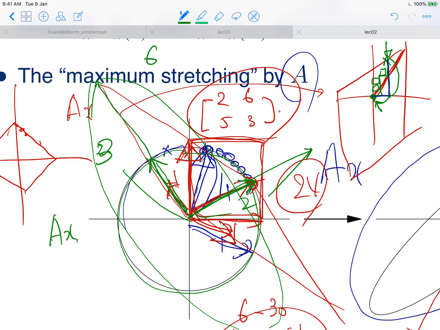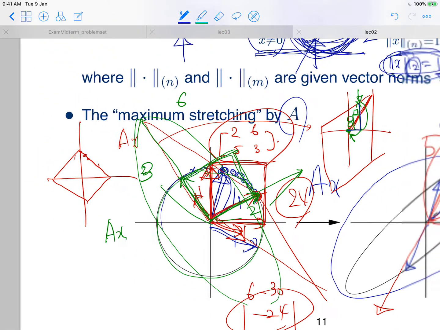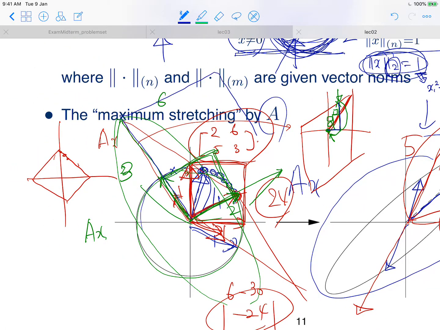Or if we think of this unit rectangle, it changes into still a rectangle with the same angle of 90 degrees, and each line segment has a length of 2 and 3, and thus the volume ratio is 2 times 3, which is 6, right?